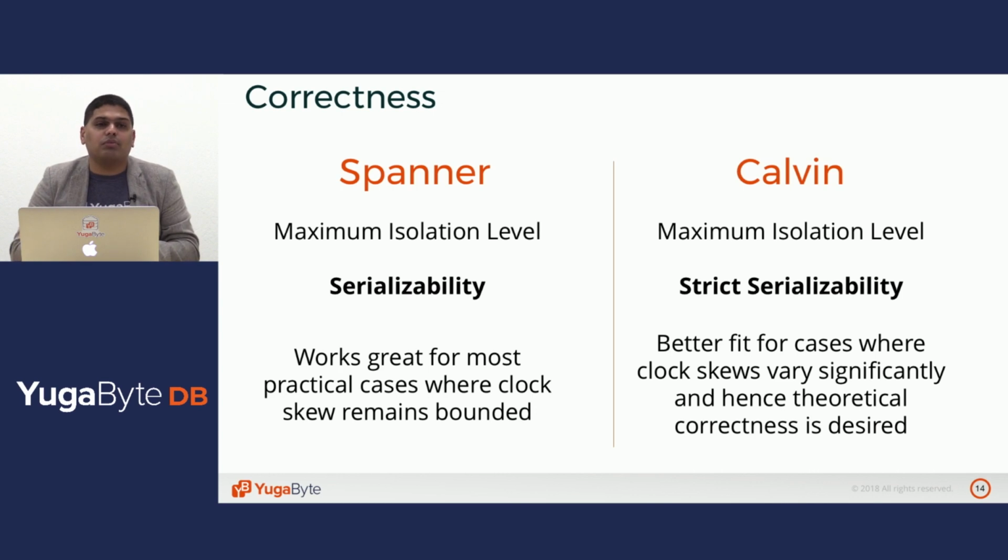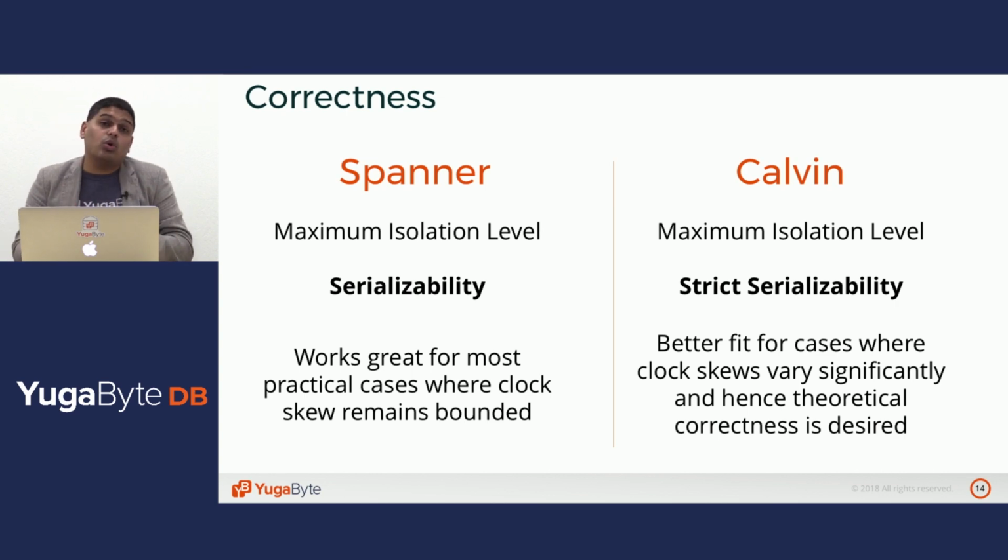And that works great for most practical cases where clock skew remains bounded. The notion of clock skew jumping from those bounds of 100 milliseconds or 200 milliseconds is very rare in today's, especially modern public cloud systems, as we'll look at later in the talk.